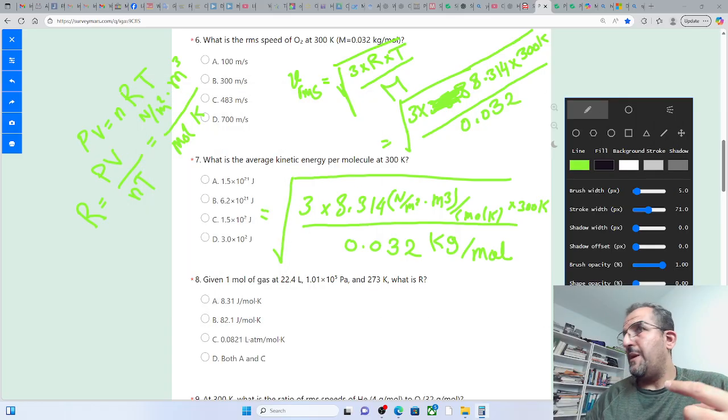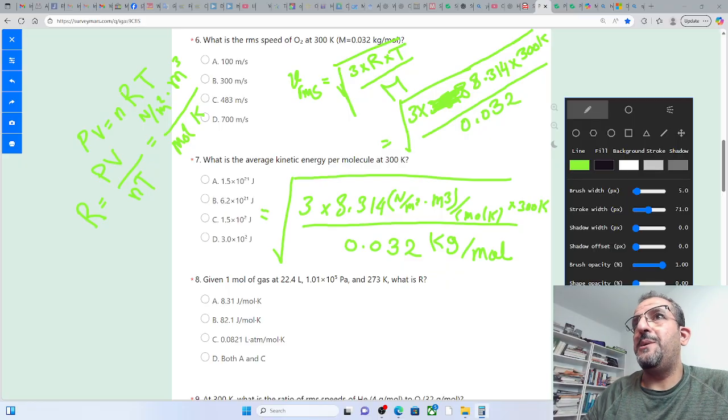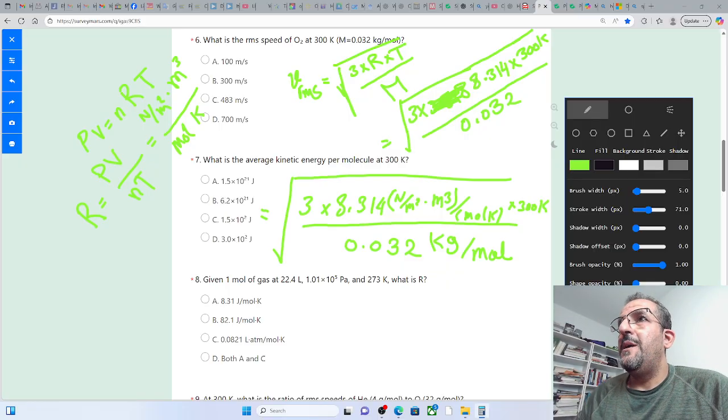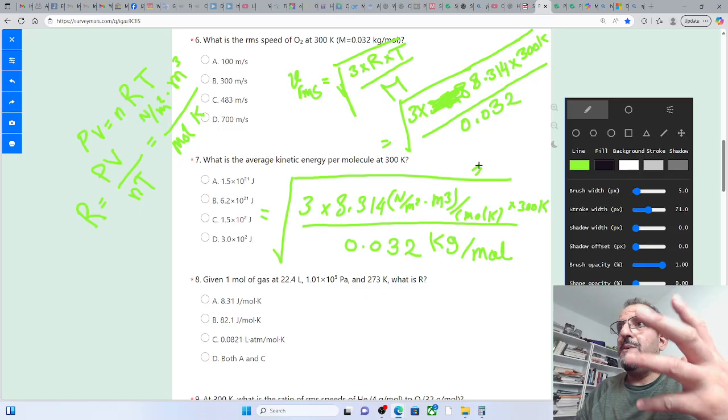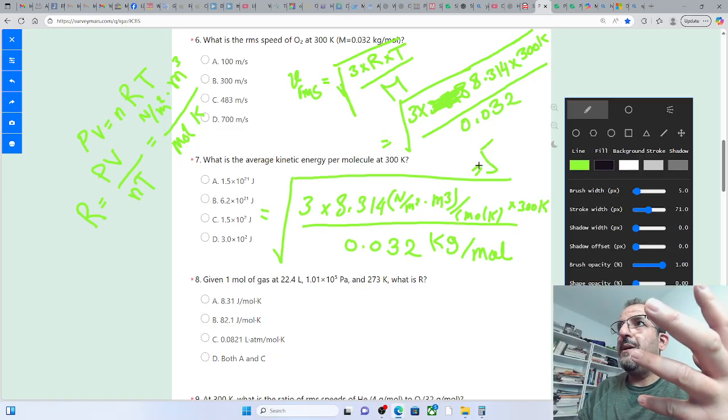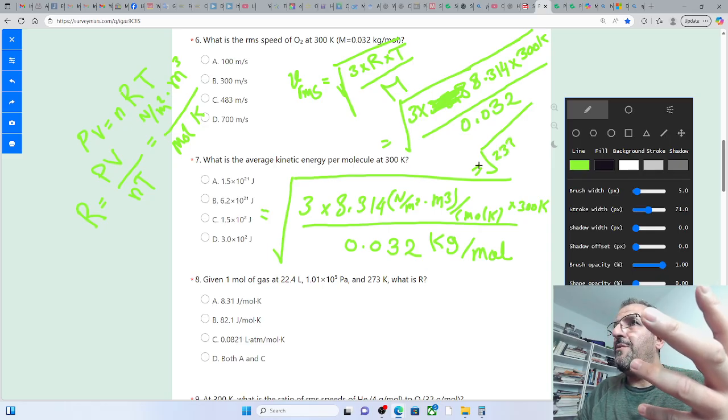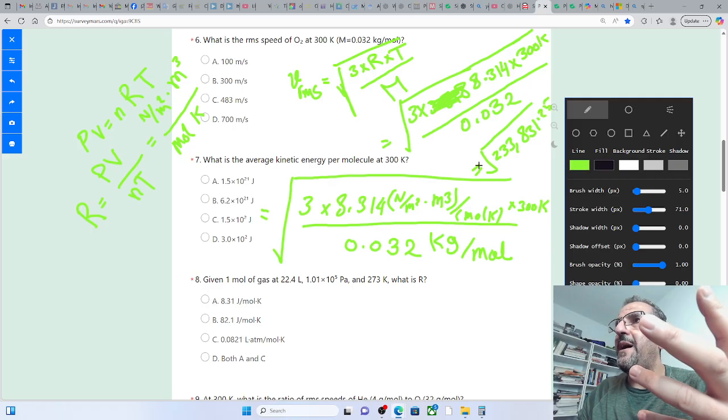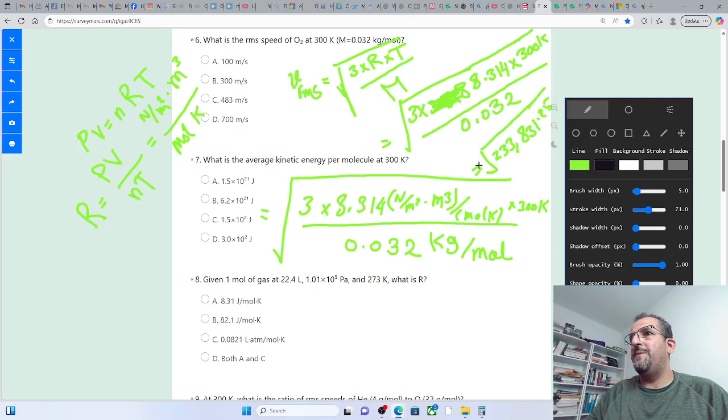So before I write the square root, let's write this number. The result from here is 23,831.25 under the square root.